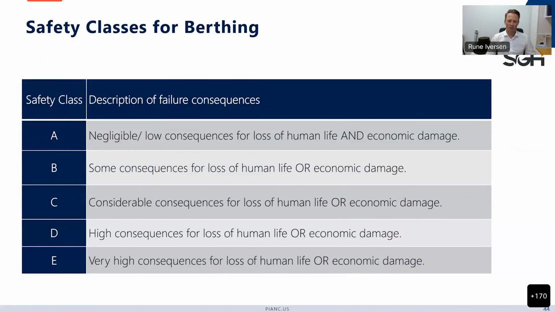And if any of you are familiar with ASCE 7, it's mostly focused on loss of human life there, but on a berth, it's just as important to consider economic damage as well. What happens if you lose a fender? Do you have to stop operations? Can you keep going? Is it going to be quick to replace the fender? How much downtime do you see if your fender actually fails?